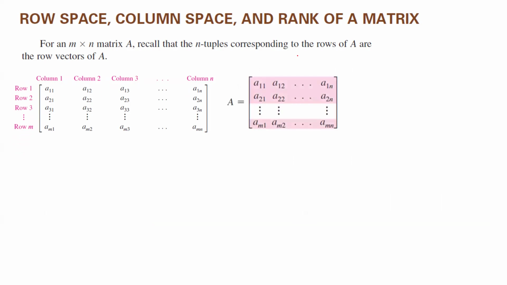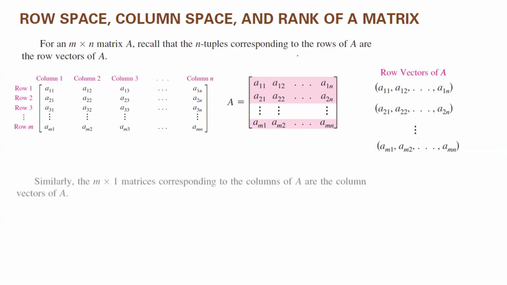If you take the rows of this matrix, you can define the row vectors of matrix A. The very first vector: a sub 1,1, a sub 1,2, up to a sub 1,n. The second vector: a sub 2,1, a sub 2,2, up to a sub 2,n. You can continue this process and get a sub m,1, a sub m,2, and a sub m,n. These are the row vectors of matrix A.